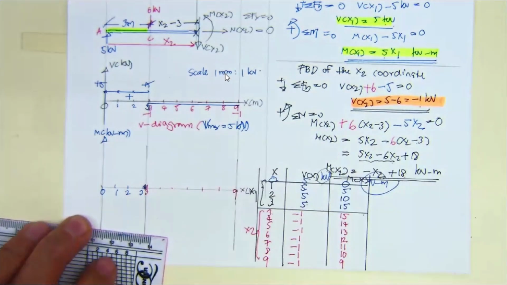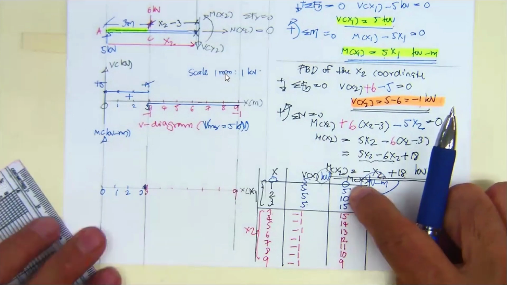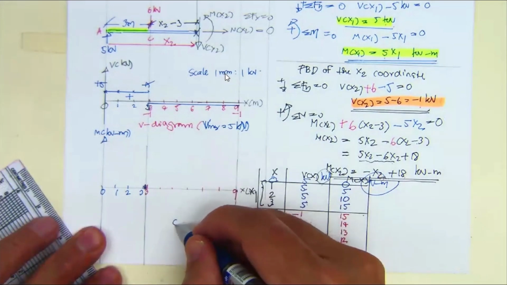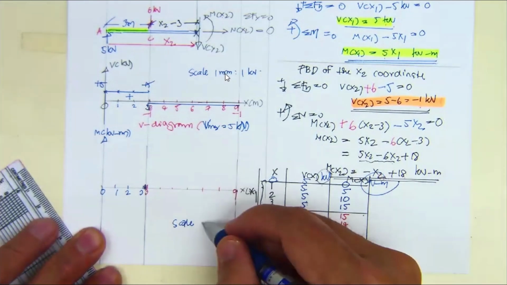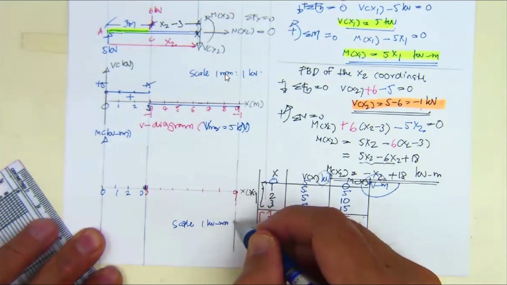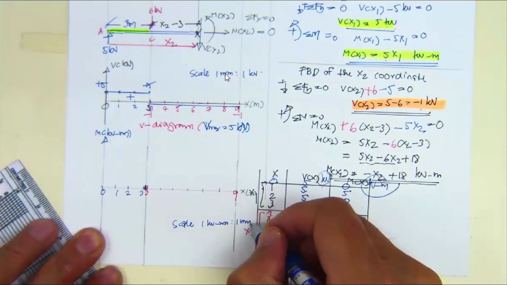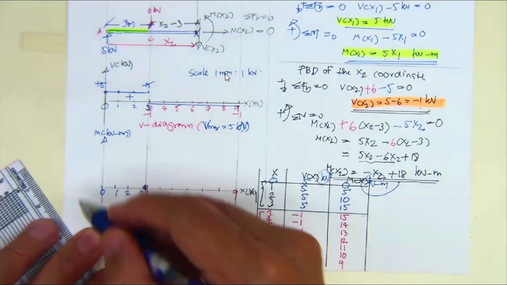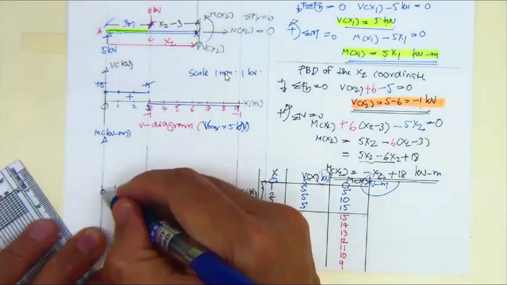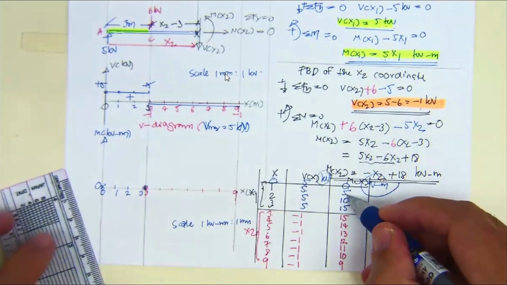Now, you have to cut it, okay? Hopefully, let me put the scale, okay? Put the scale, 1 kilonewton meter per 1 millimeter. Now, you have this one 0. So we start 0 is 0. 1 gonna be 5.